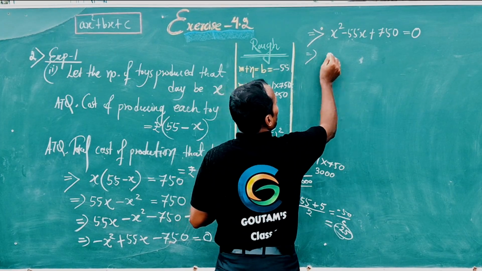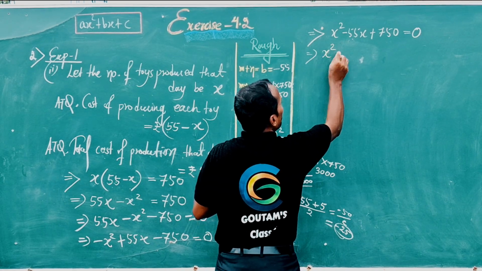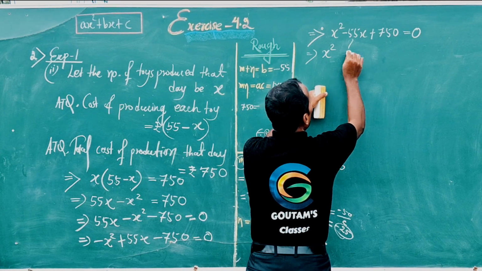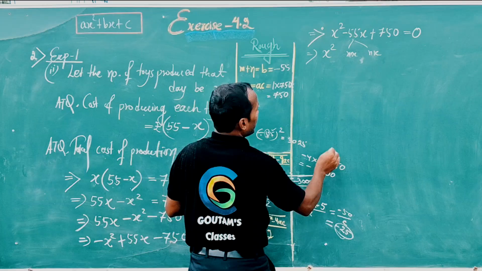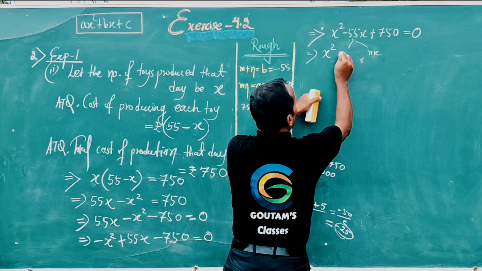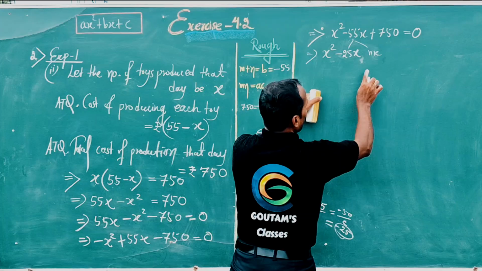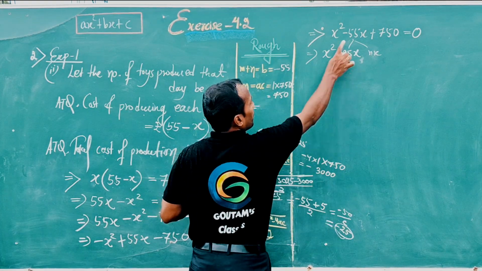So in place of mx and nx, I can write that. First let me copy x square as it is, and in place of minus 55x, I'll go for mx and nx. I have m as minus 25. So in place of mx, I will write minus 25x. And now what is the value of n? As I said, subtract m from b.